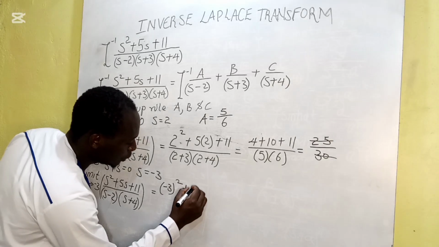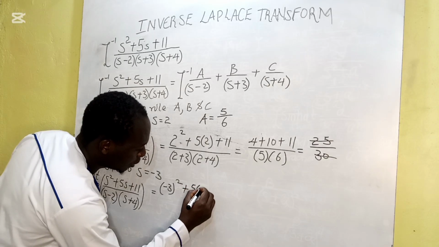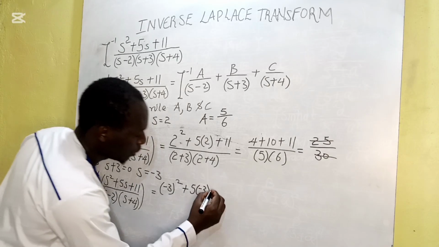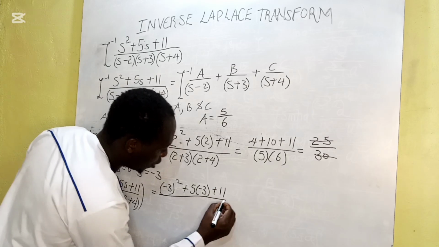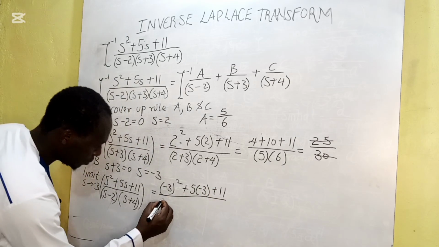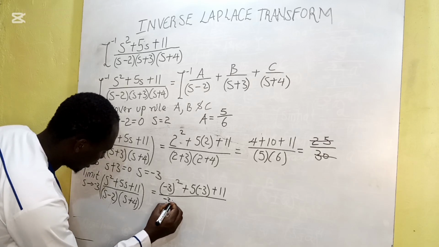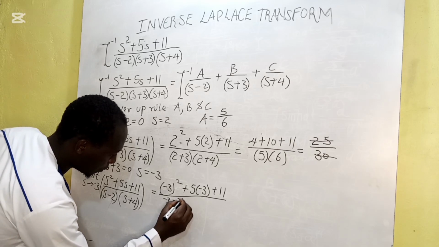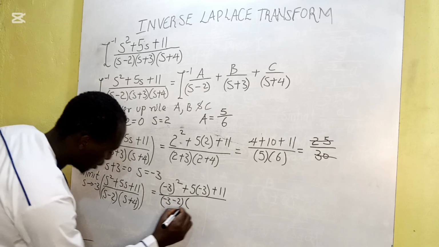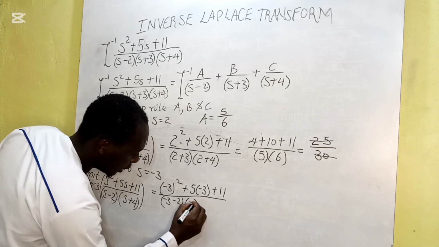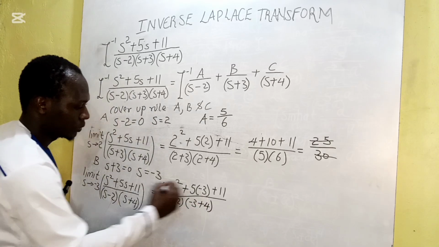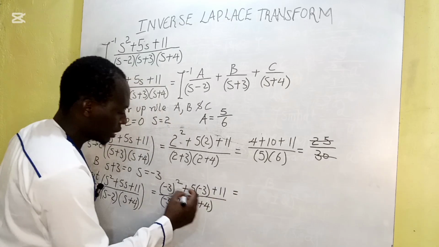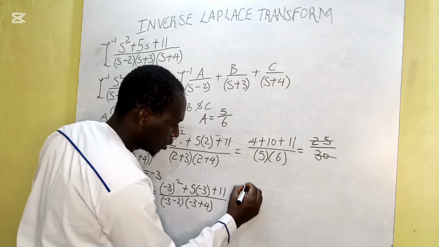We add 5 times negative 3, add 11, all over (negative 3 - 2)(negative 3 + 4). On the numerator, we have 9.